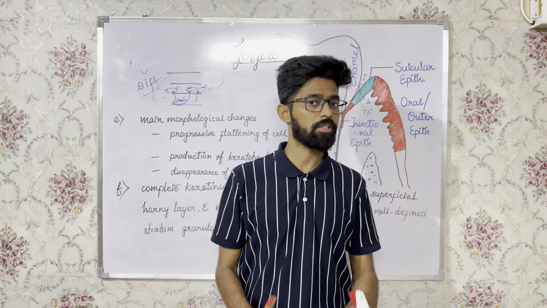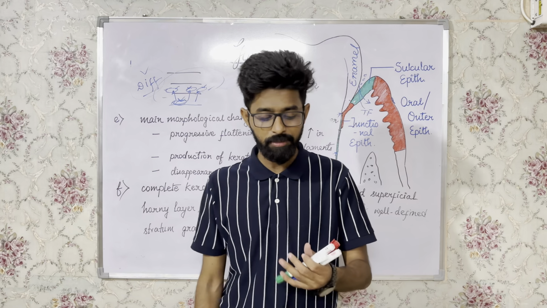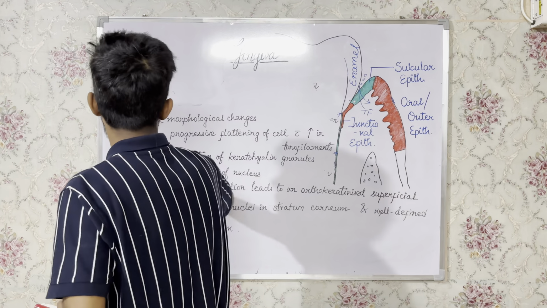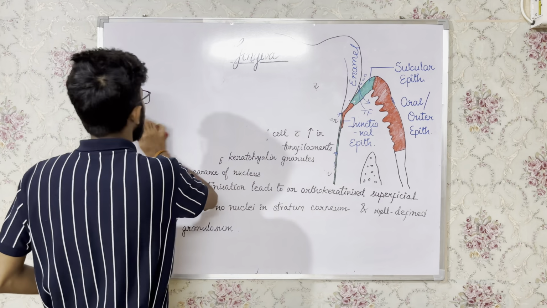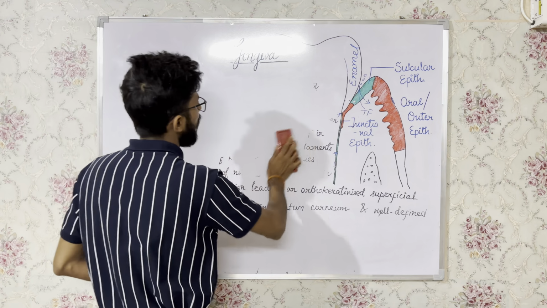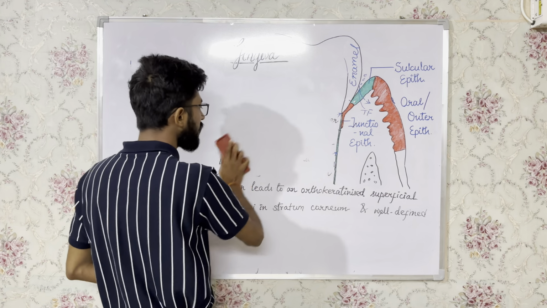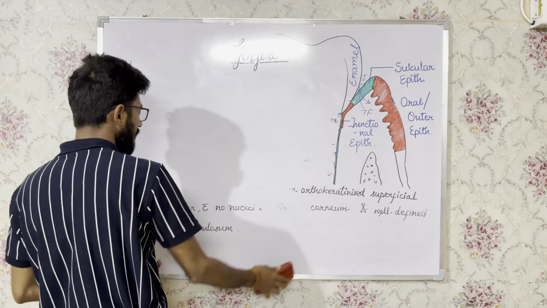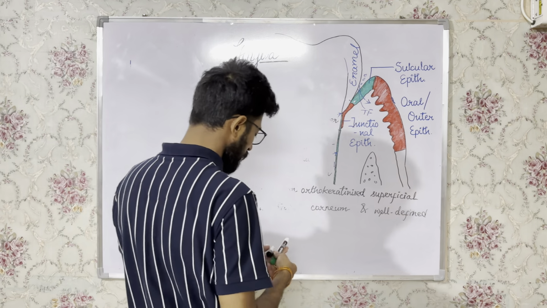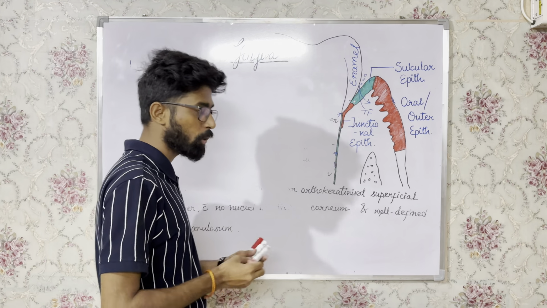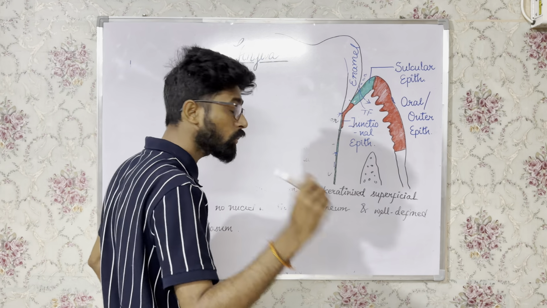Okay, the most prominent names that you need to remember are, one is keratolinin, the other is involucrin, and the other is filaggrin. Okay, these are the proteins that are produced during the maturation process, but they are not related to keratin.